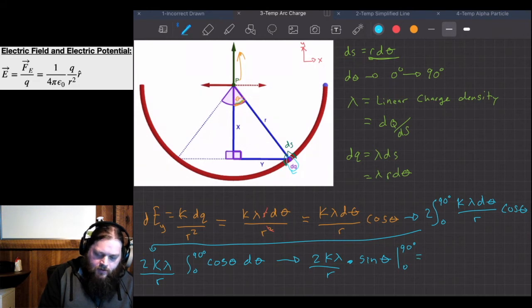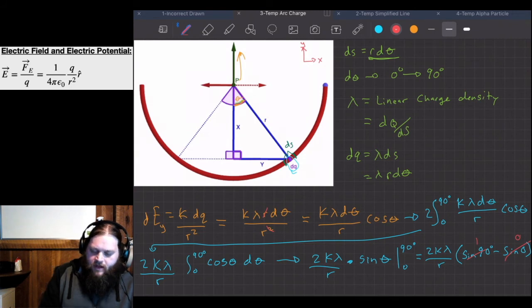That equals 2k lambda over r times sine of 90 degrees minus sine of 0. Sine of 0 is 0. Sine of 90 is 1. Makes our life easier. This whole sine difference is just going to be 1.